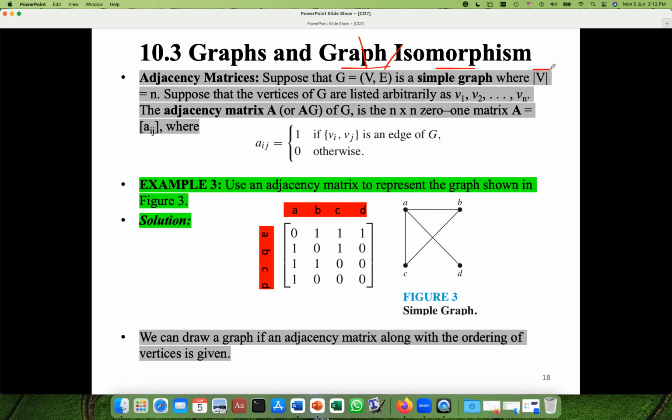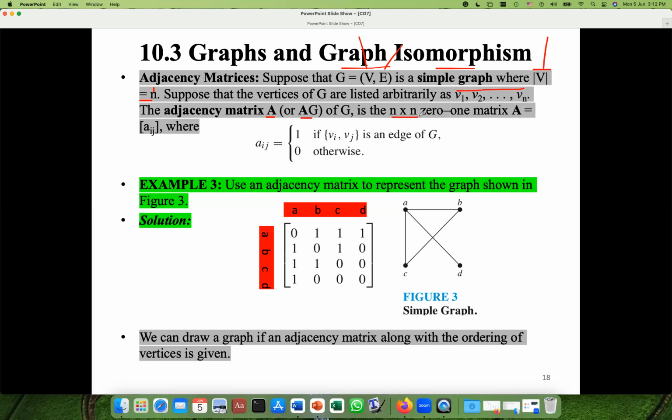And where the size of V is equal to N, and the vertices in V are from V1 to Vn, then the adjacency matrix you can represent with A or A of G, which means the adjacency matrix of this graph G.